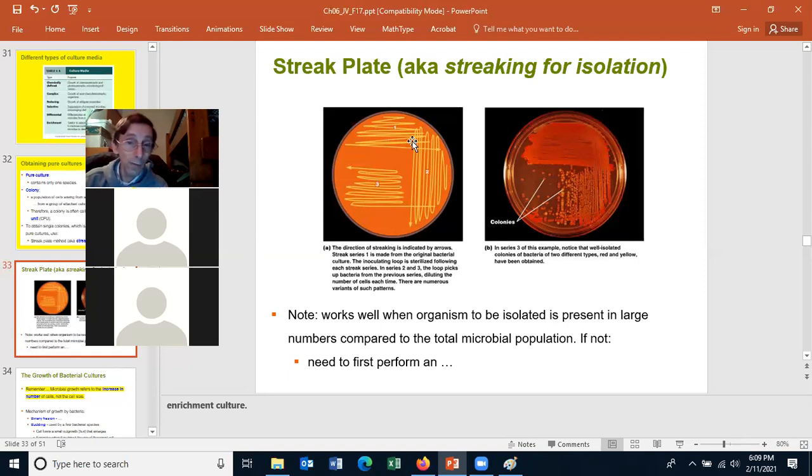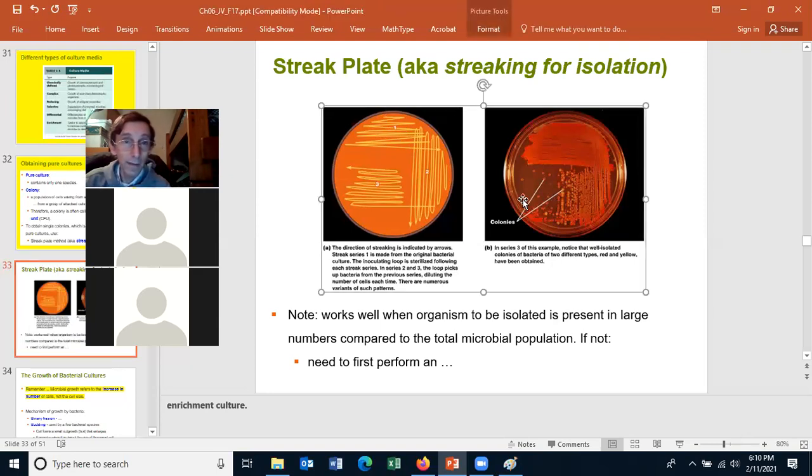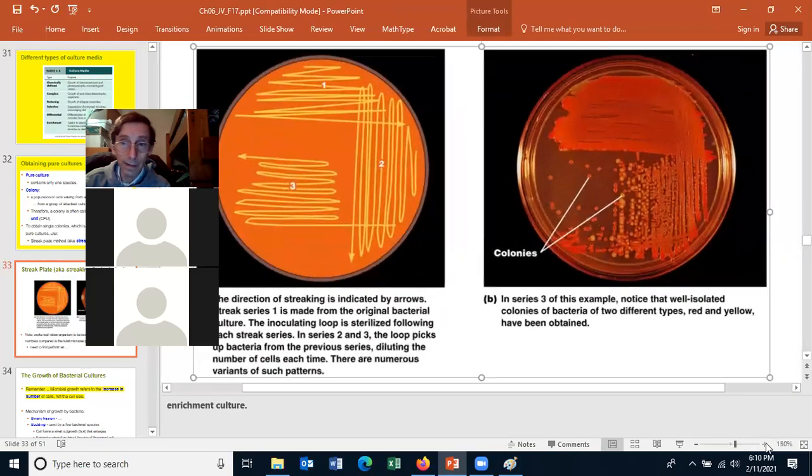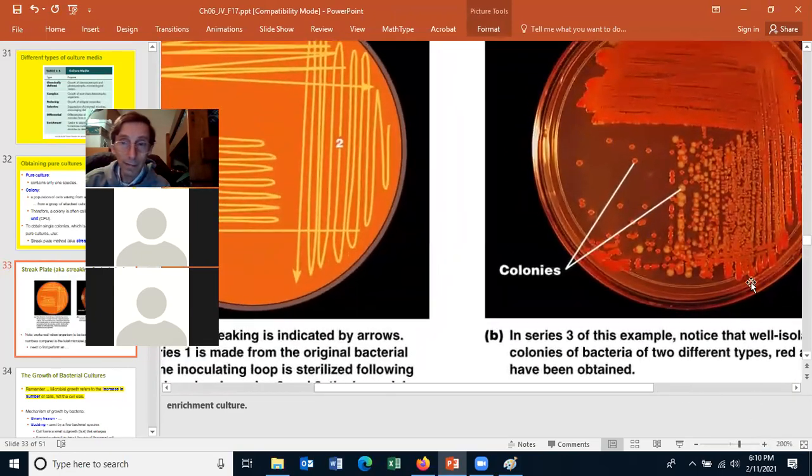Colony streaking only works well when the organism of interest is at fairly large numbers compared to the total number of cells in the quadrant. And as you can see in this streak here, let me blow that up, we have 2 cells in this, a reddish one and a yellowish one.